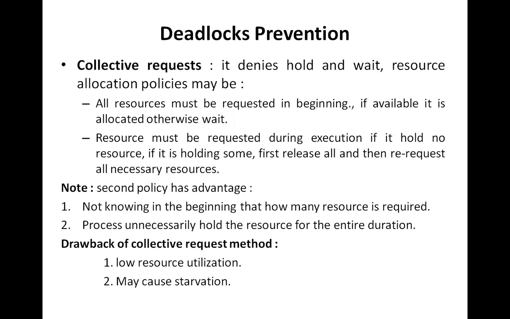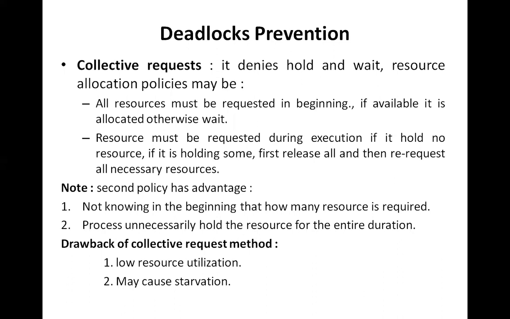So we have certain policies for the allocation of resources, and there are 2 policies. The first policy is that a process must request all of its resources before it begins its execution.